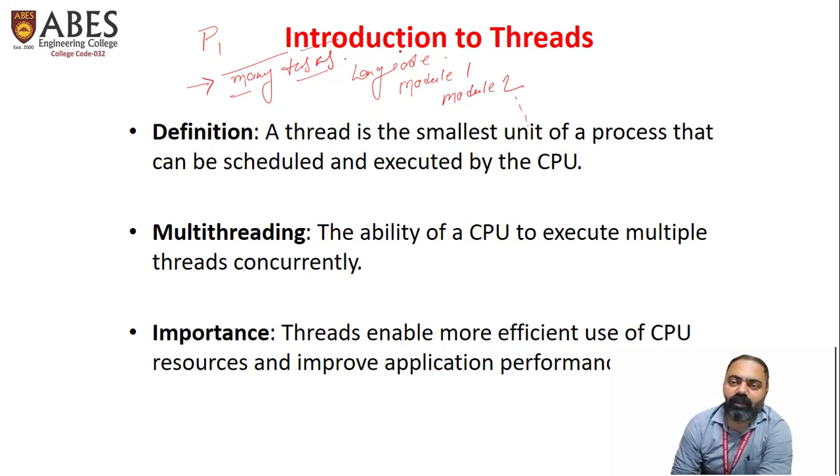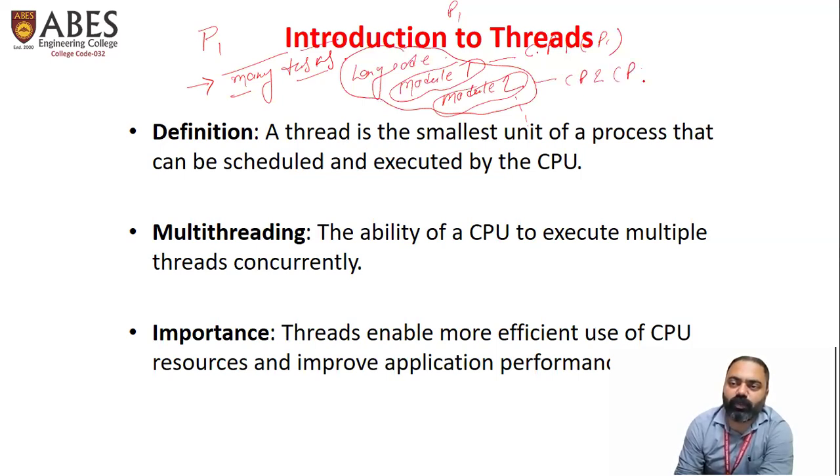Then the whole program will be processed. And if you separate these modules as a process, then this will be child process CP1 of P1. This will be child process CP2 of P1.